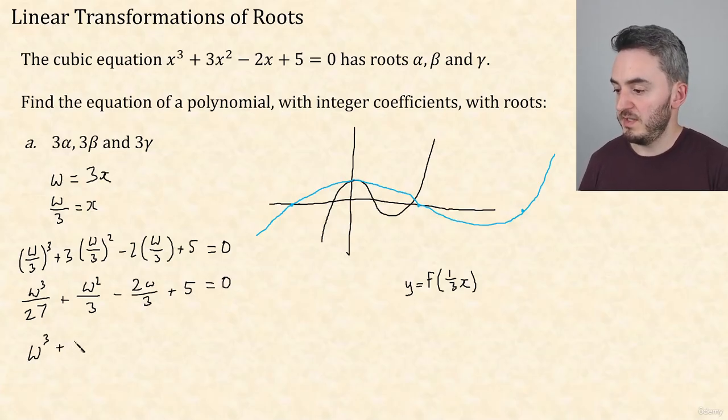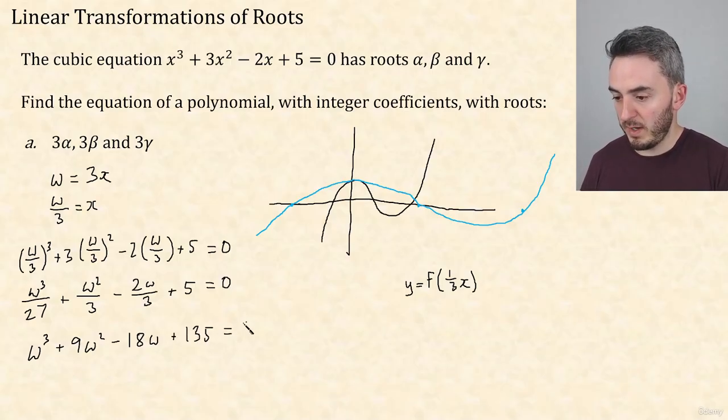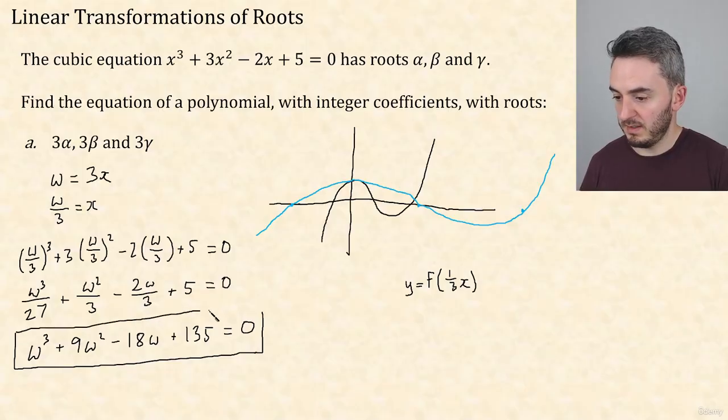A third times 27 is 9, so 9w squared. 2/3 times 27 is 18, so 18w, and then 5 times 27 is 135. And that equation there is my polynomial with roots of 3 alpha, 3 beta, and 3 gamma.